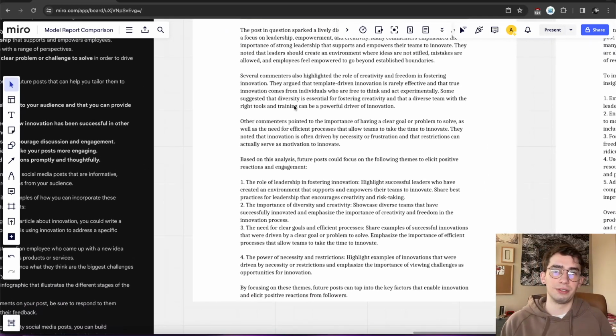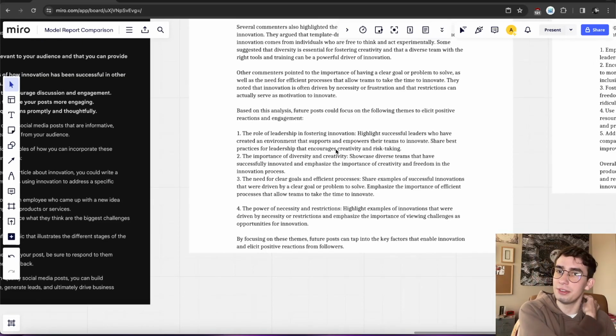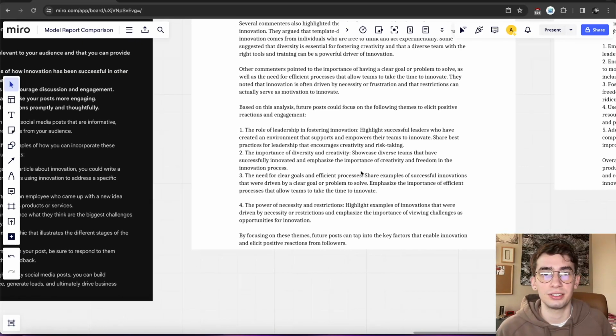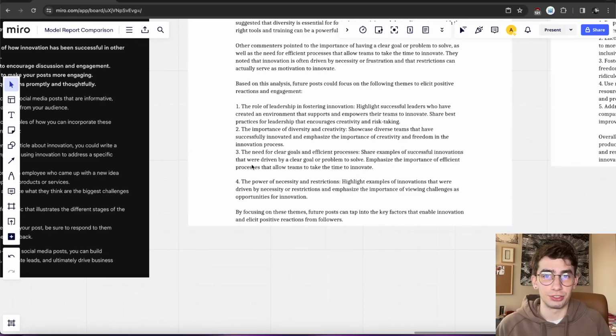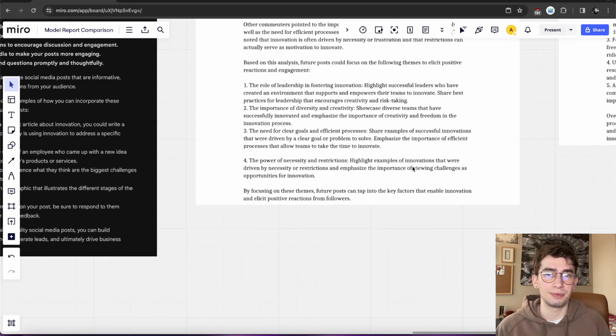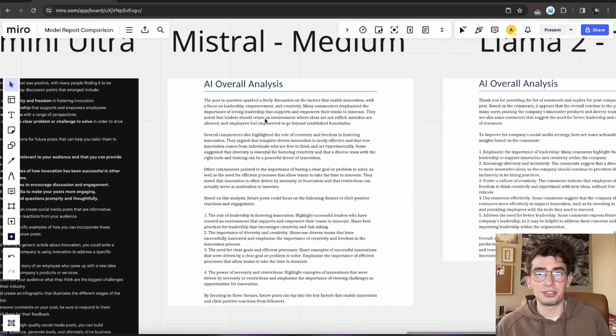And then also, given this analysis, it gave some themes to elicit positive reactions and engagement: highlight successful leaders who have created an environment of support and empower their team to innovate, share maybe those best practices, showcase diverse teams that have successfully innovated and emphasize creativity and freedom, share examples of successful innovations that were driven by a clear goal or problem to solve, emphasize efficient processes, the power of necessity, highlight examples of things that were driven by necessity and restrictions. So pretty decent takeaway, pretty decent analysis overall.